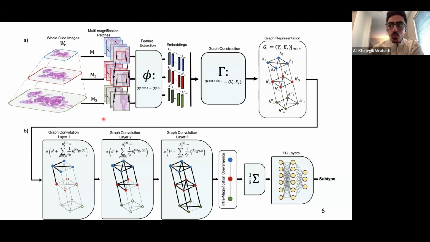When you do this with a foundation model or the transformer models that we have, the quality of the embedding is not as good in lower magnification compared to higher magnification. So that's still a problem in the field that we need to work on, improve and get better results.